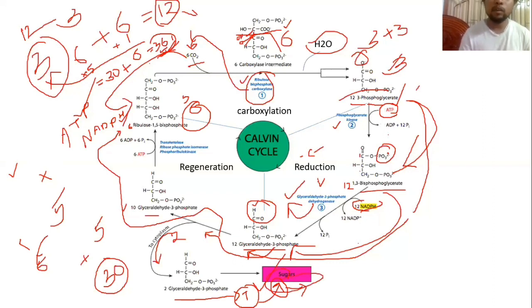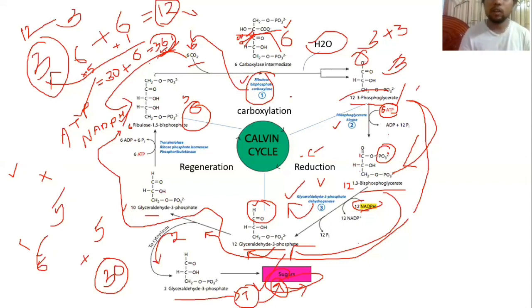And here ATP and NADPH. How many ATP? Total 6 ATP. Here also 6 ATP and one more 6, so 12. Total 18 ATP will be used.